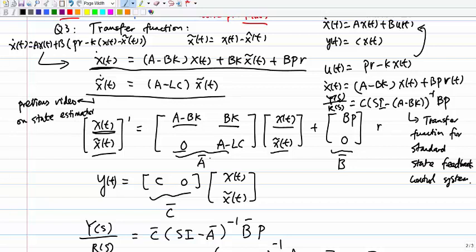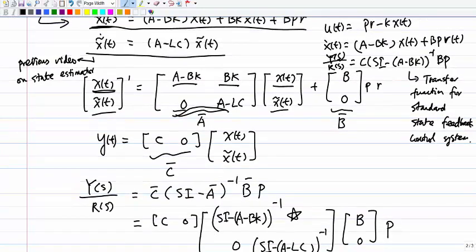This one is my new A, I call it A bar, this is my new B, B bar, and this is my new C, C bar. They are constructed based on my A, B, C, and also my K and L, and of course p. Because p is a scalar, it doesn't matter where you put it.